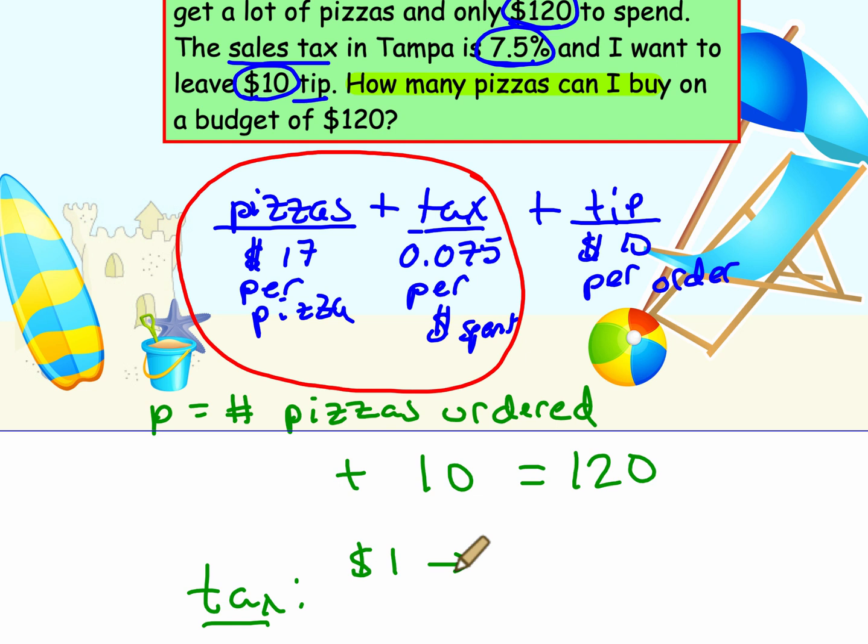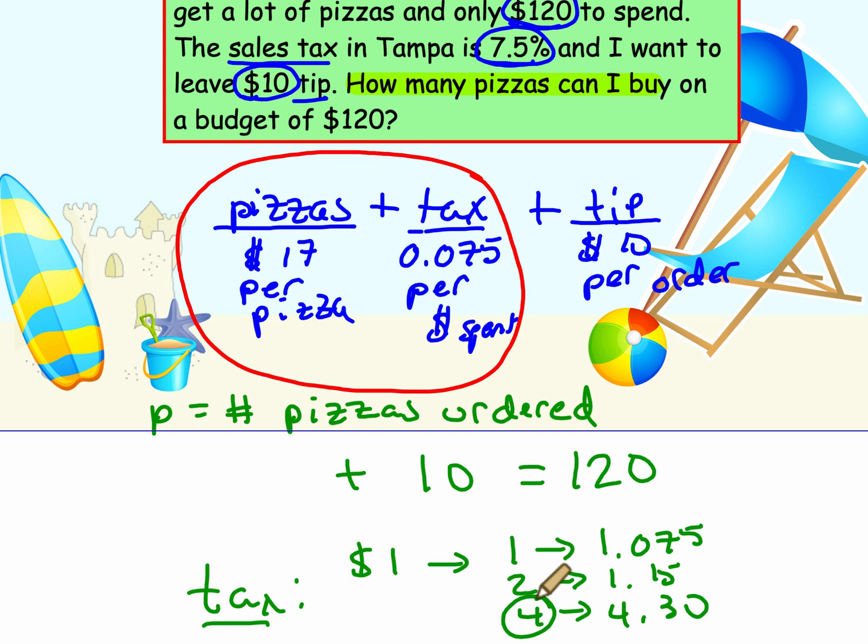So if I spent $1, I'm actually paying $1.07 and then a half a penny. If I spent $2, it would be $2.15. If I spent $4, it would be $4.30.